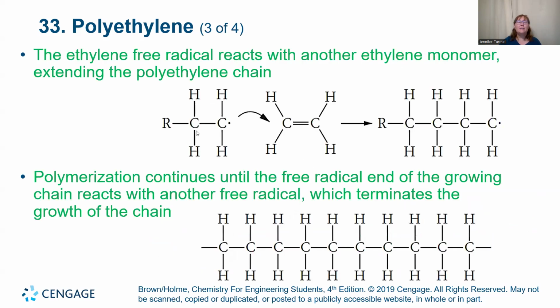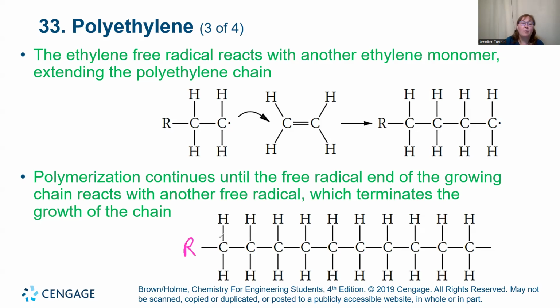All right, so here you can see it occurring again, and this is just what I had drawn on the previous slide. So that attacks that. Now you have a 4 chain, and you continue and continue and continue. This keeps going on and on until polymerization occurs until the free radical end of the growing chain reacts with another free radical, which terminates the growth chain.